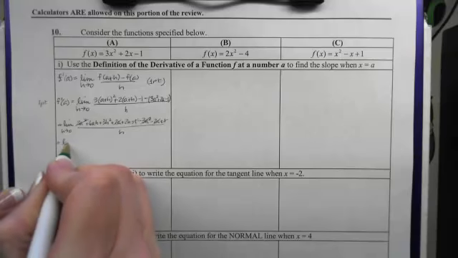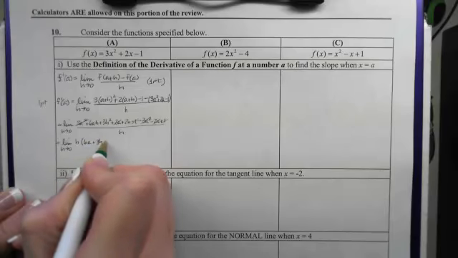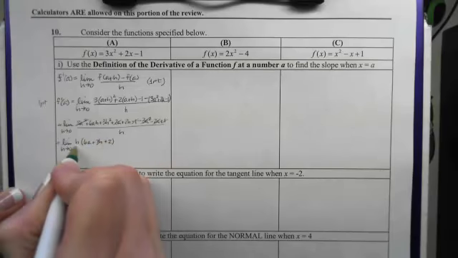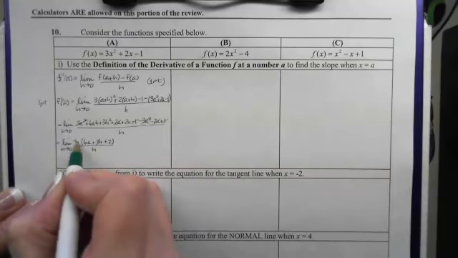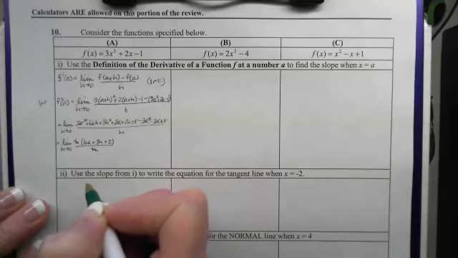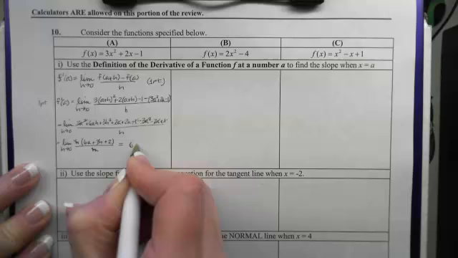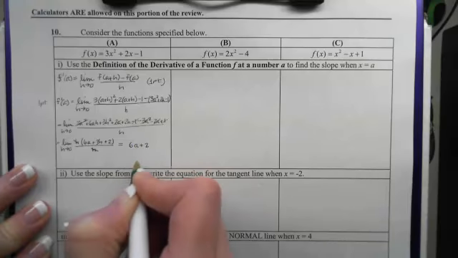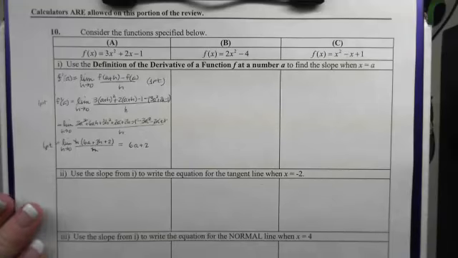That means I can factor out the h's from the top, and I'm left with a 6a plus a 3h plus a 2 all over h. Now h equaling 0 will no longer be a problem because I can reduce out those h's and plug h equals 0 in. I'll get a 6a plus a 2. So there's the third point that goes with this first part.